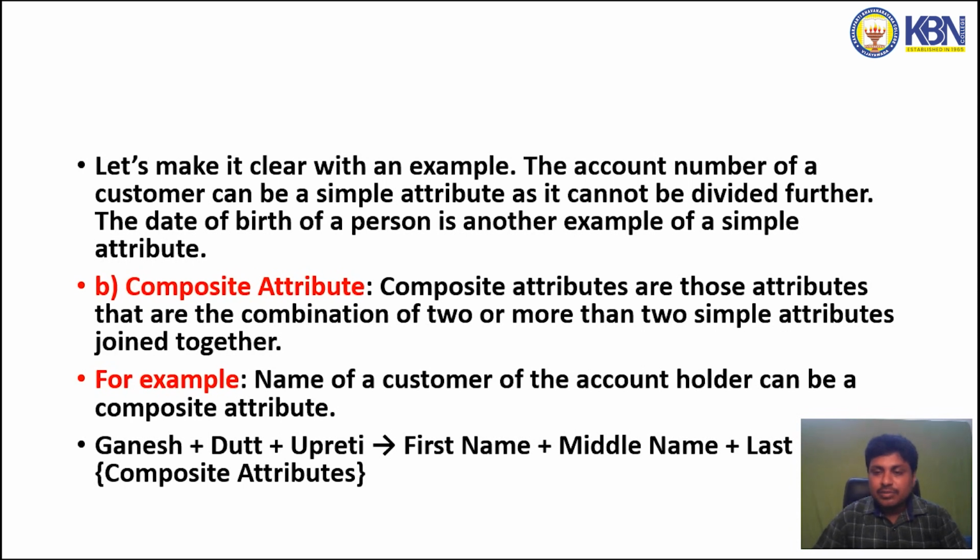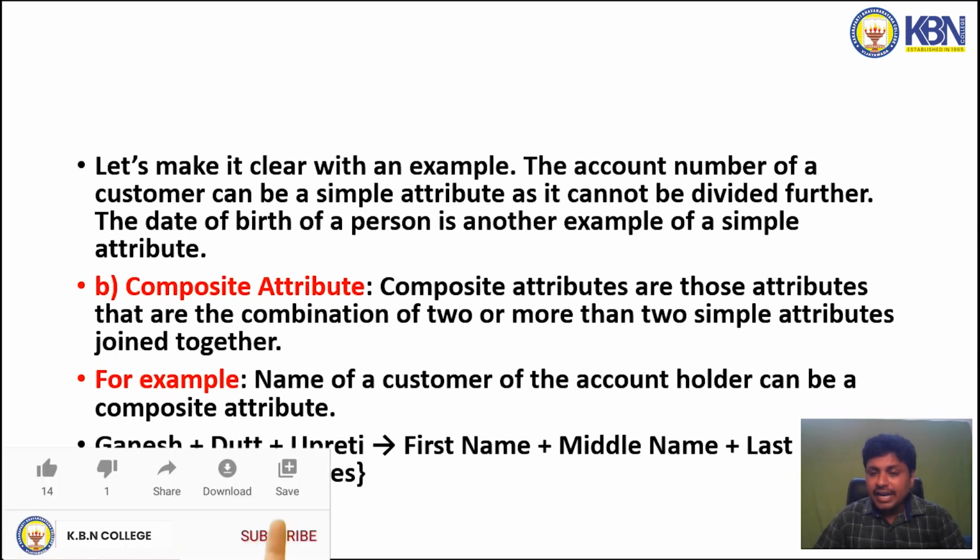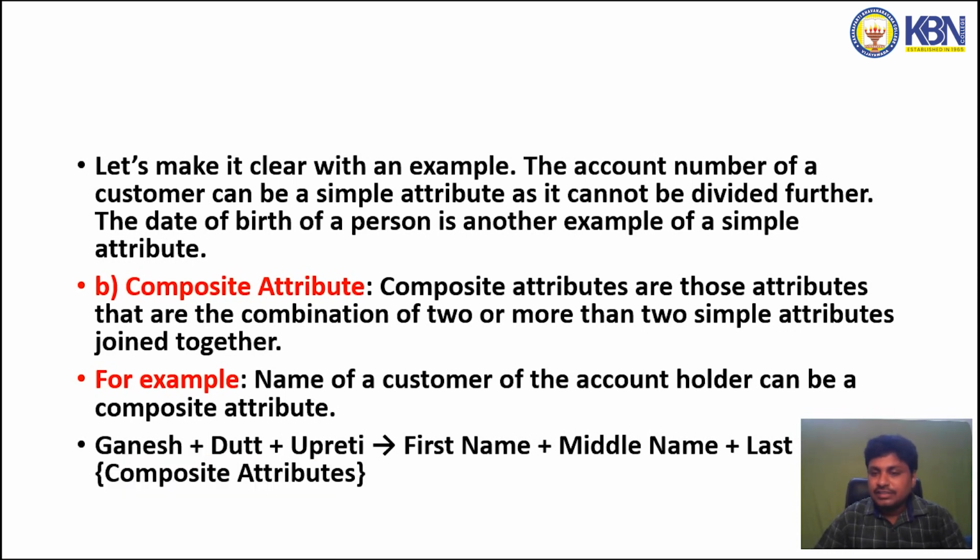This is one of the best examples of a simple attribute. Next, the composite attribute. Composite attributes are those attributes that are a combination of two or more simple attributes joined together. Take the example of name.